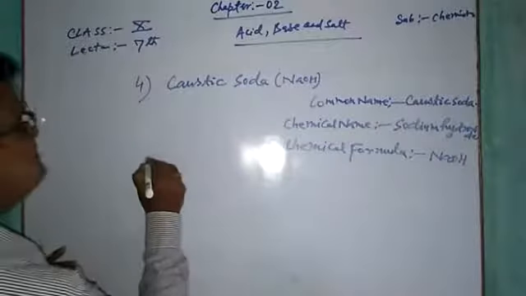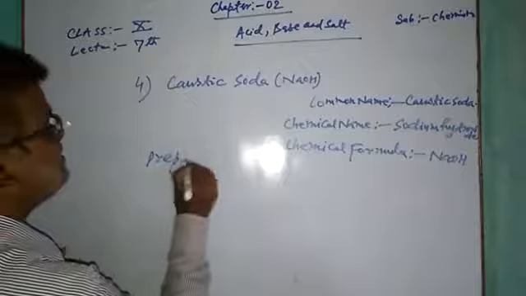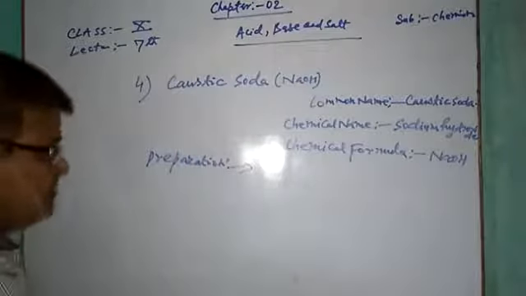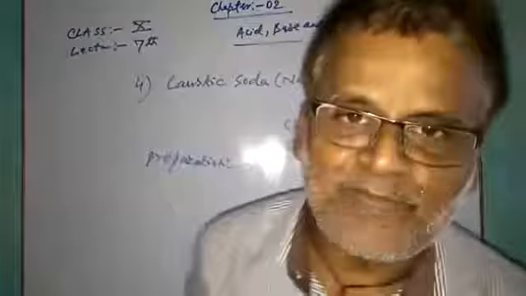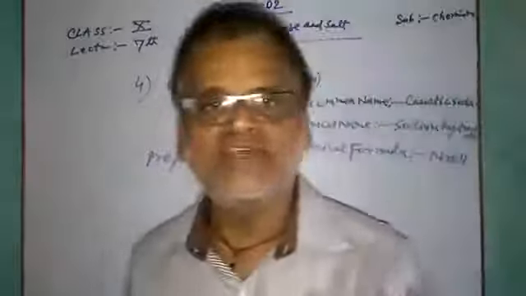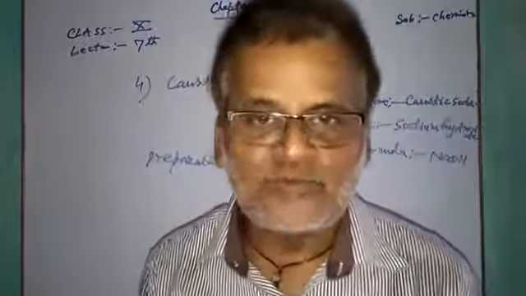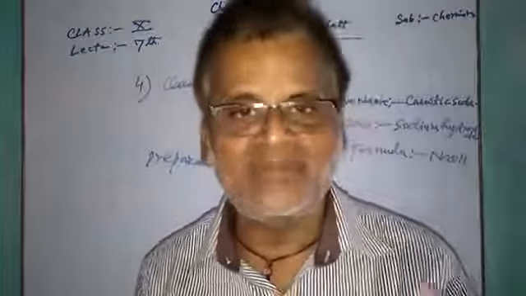So how is caustic soda prepared? Preparation. When electric current passes through the aqueous solution of sodium chloride, it decomposes to form sodium hydroxide.